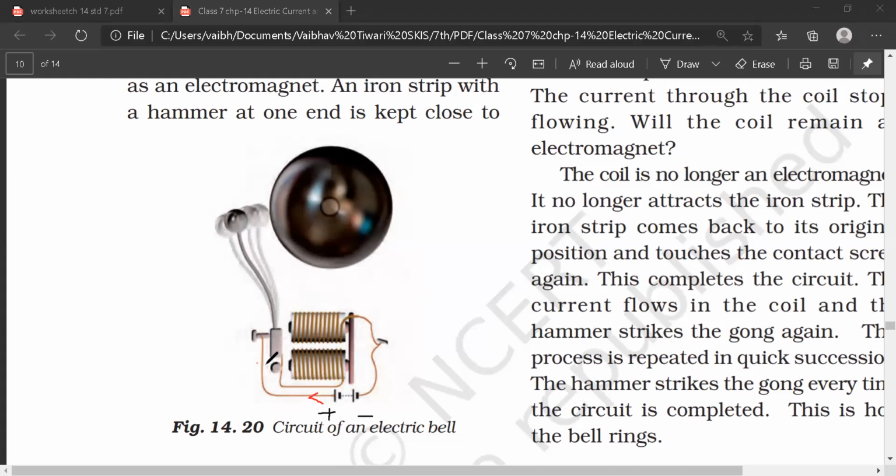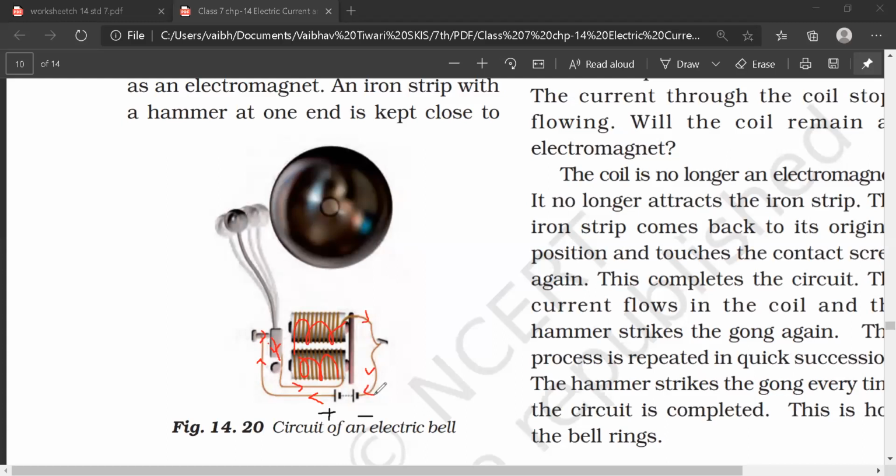Then it will flow through this contact screw to this iron strip, and from the iron strip to this wire, and from this wire to this coil, and it is all actually connected from here, and from this coil it will again reach this wire, and from this wire it will again reach the negative terminal. So this is how a circuit is completed. Clear?